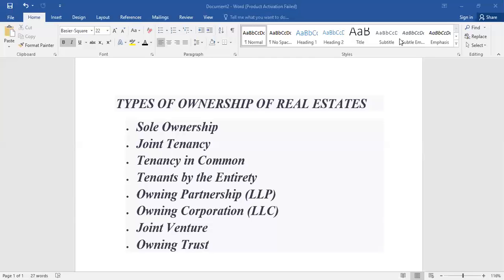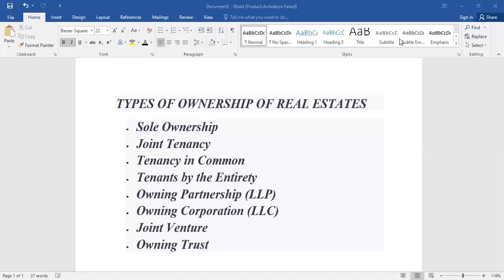So today I want us to go through the types of property ownership in the real estate market. There are several types of property ownership to choose from, and each comes with its benefits and drawbacks, or its merits and demerits.